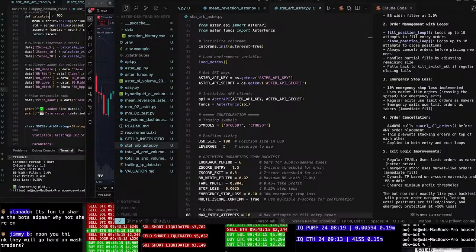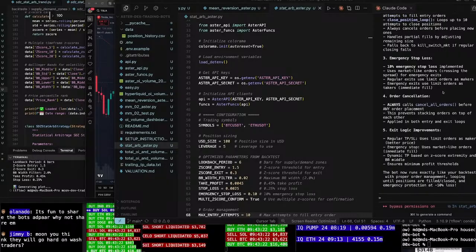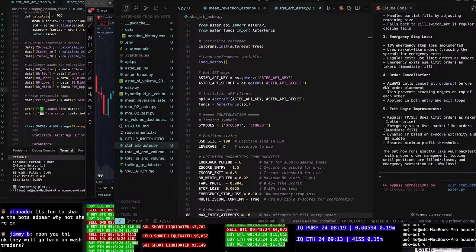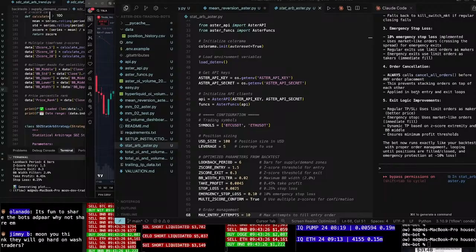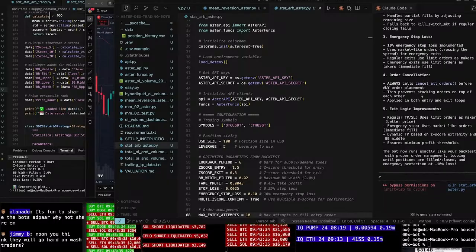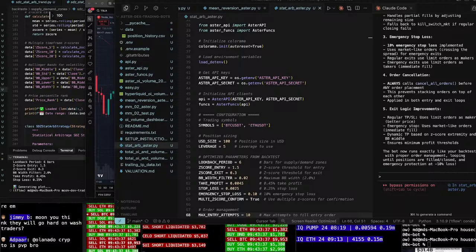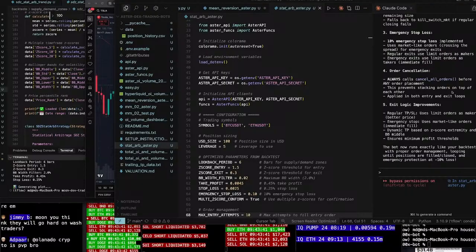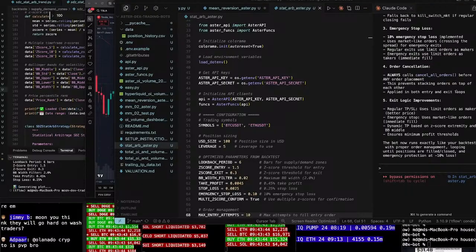Regular exits use limit orders as makers. Emergency exits use limit orders as takers, immediate fill. Always calls cancel orders before any order placement. Nice. Need that. This prevents stacking orders on top of each other. Exit logic improvements. Regular TP stop loss uses limit orders as maker.